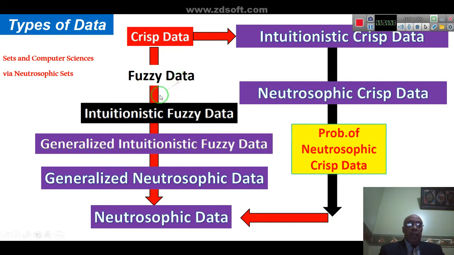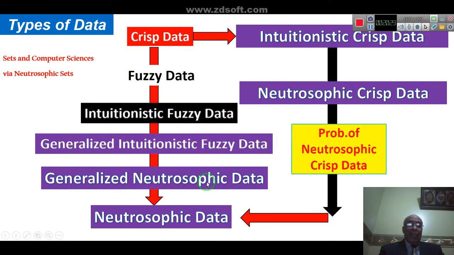Intuitionistic fuzzy data is a generalization of fuzzy data and crisp data. Generalized intuitionistic fuzzy data contains intuitionistic fuzzy data and crisp data.